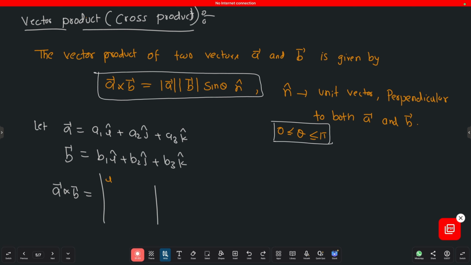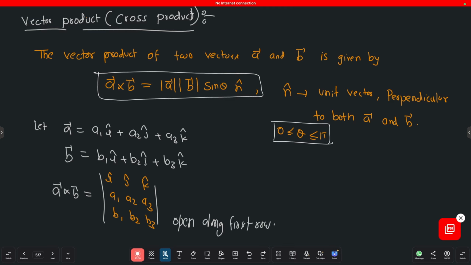Here you will put i cap, j cap, and k cap. Then the scalar components of vector A, because it is A cross B. If it were B cross A, then the scalar components of vector B first. So it is A1, A2, and A3. Then vector B: B1, B2, B3. Open along the first row only.